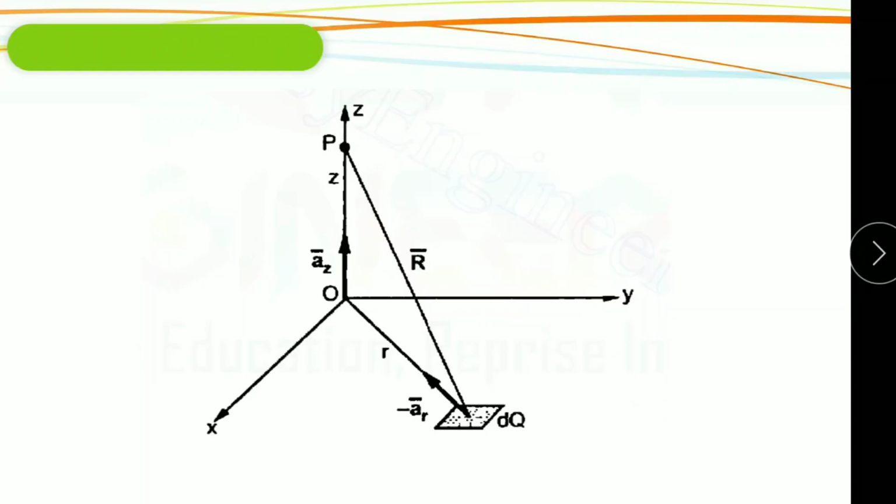Now the vector along the P direction is z bar, and the vector along this dq charge is minus r ar bar. Here the radial component is towards the origin, so to find the resultant of r bar, we have to take the negative sign. The negative sign means this unit vector is towards the origin.